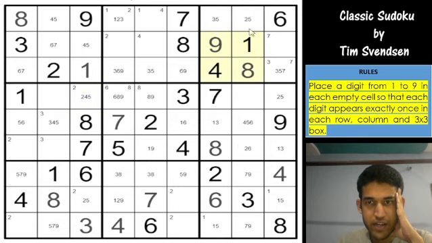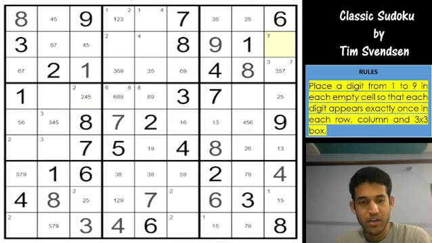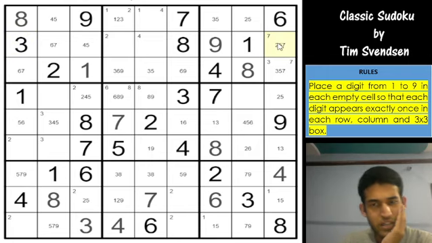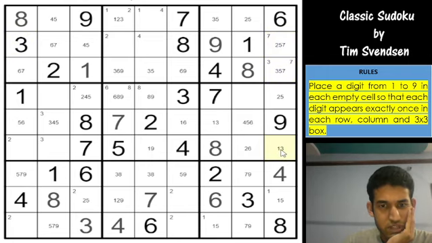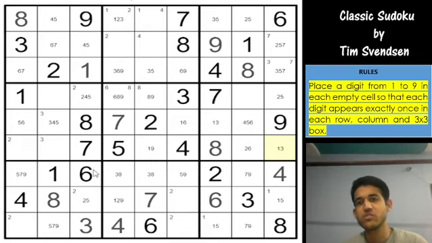Okay, 1 4 8 9 and 6, so this must be 2 3 5 7, and 3 is removed, so this is a 2 5 7. Okay, 3 is in one of these two cells. Does it have to do with the 5s?